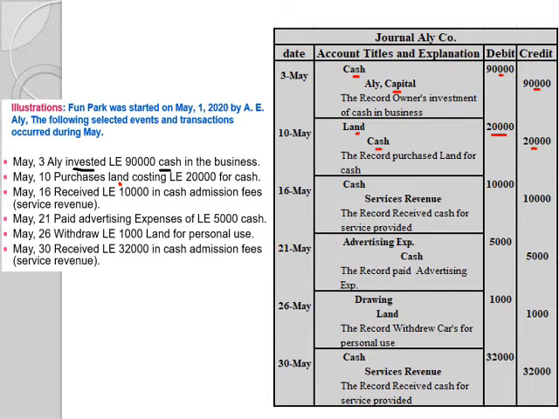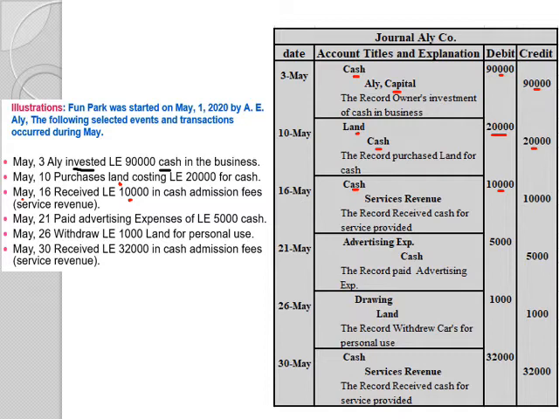Entry number 3, transaction number 3, May 16, received £10,000 in cash, admission fees, services revenue. Received £10,000 cash: cash, normal balance debit, asset, increase, recorded in the debit side and the amount in the debit column, 10,000.